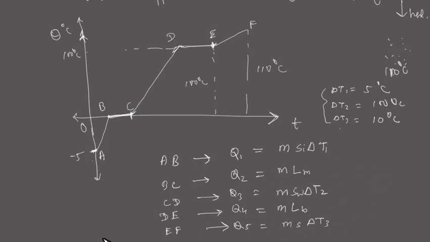So if we want to calculate the total heat required for the ice to go to 110 degrees Celsius vapor, we will have to add up all the required heats. That means Q1 plus Q2 plus Q3 plus Q4 plus Q5.